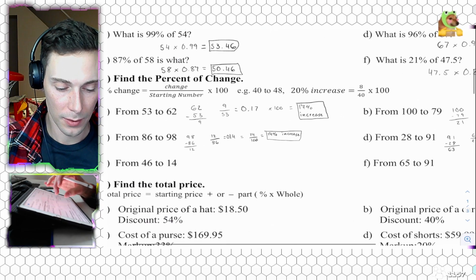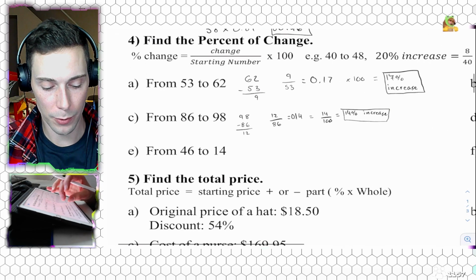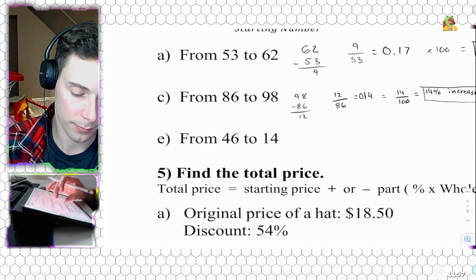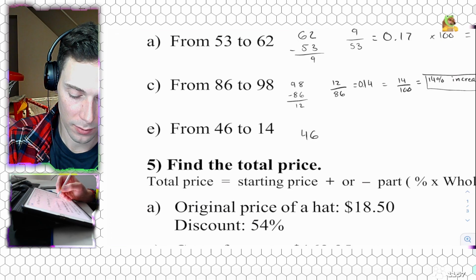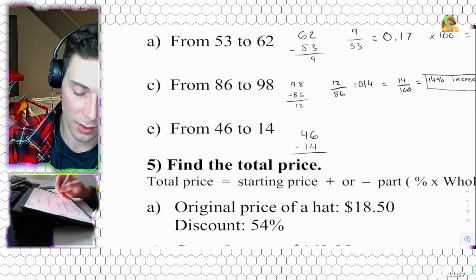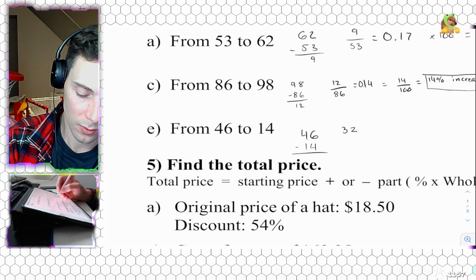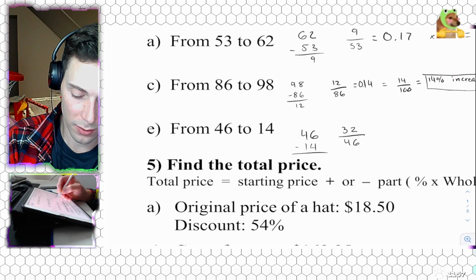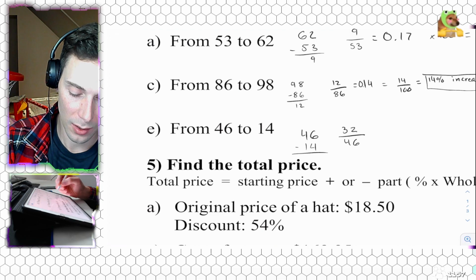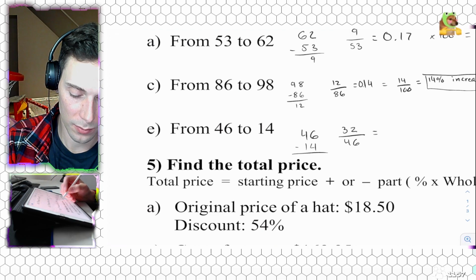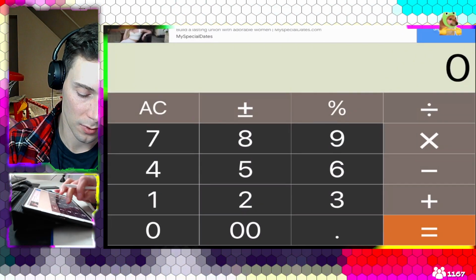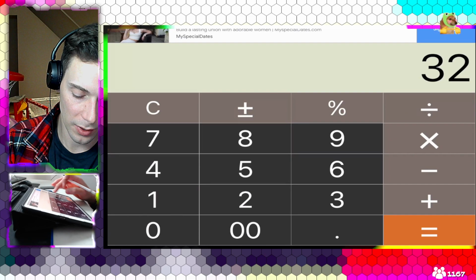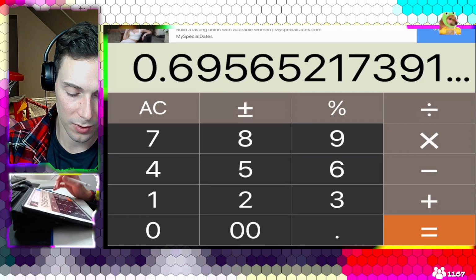Assignment 6, percentages, question 4E. 46 subtract 14, and that's going to be 32 over 46. That's our starting number. 32 divided by 46 is equal to 0.695.